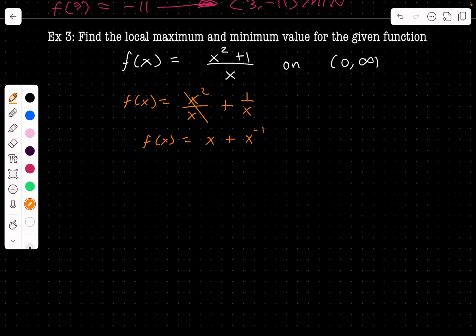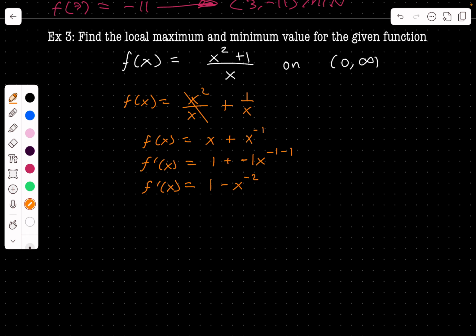Now we can take the derivative. So f prime of x equals 1 plus negative 1x to the negative 1 minus 1. I'm going to show all the little steps for this because maybe you've never seen this before. When this is simplified, it's negative x to the negative 2nd power.